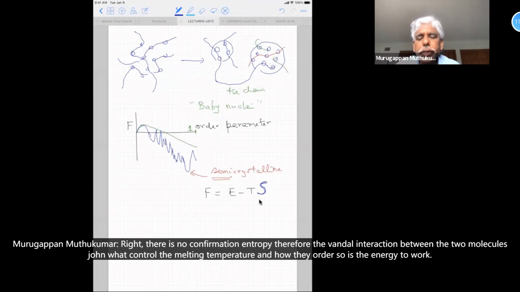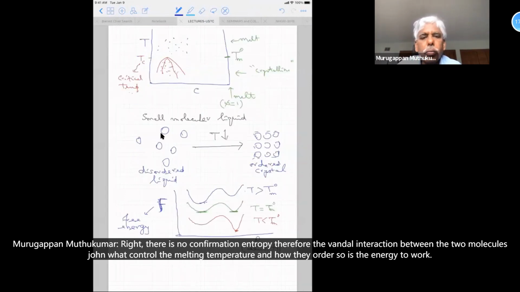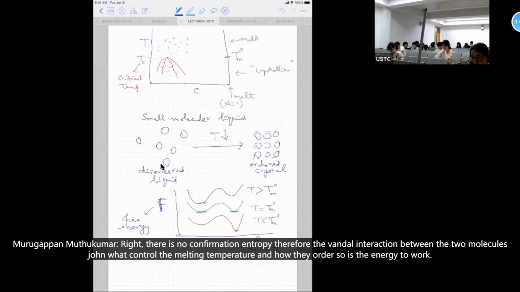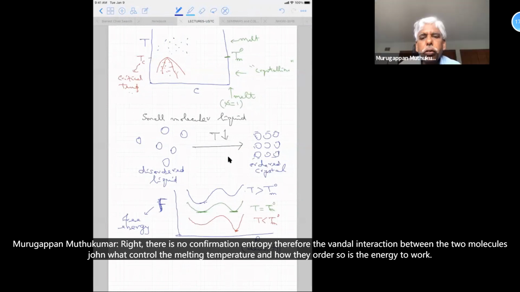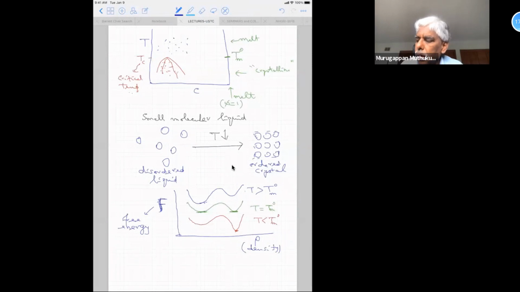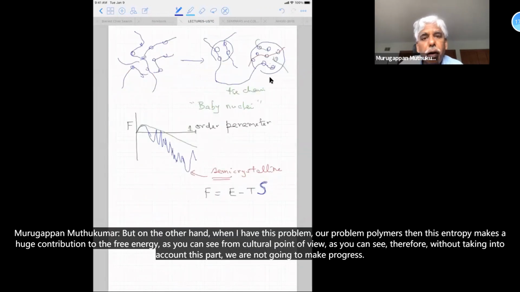There is no conformational entropy. Therefore, the van der Waals interaction between these molecules dominates and controls the melting temperature and how they order. So it's energy driven. But on the other hand, when I have our problem of polymers, then this entropy makes a huge contribution to the free energy, as you can see from the cartoon point of view.